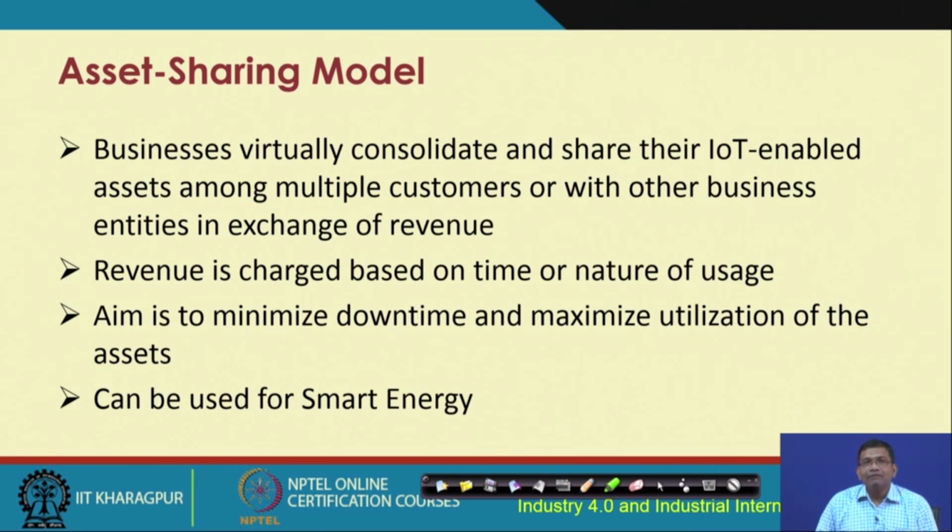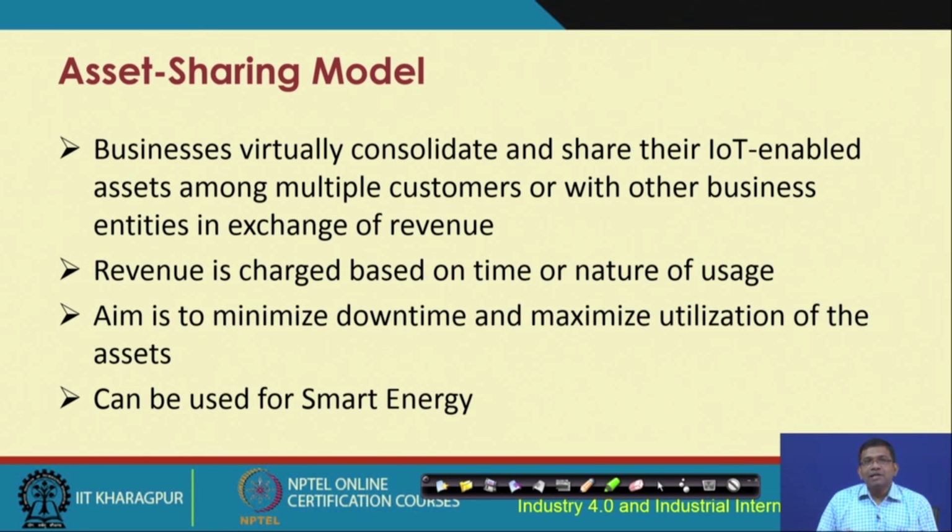This is very advantageous because if a business has a particular machinery and was using it just for their own purpose, it is quite likely that the machine will be used for a certain duration of time and for other durations it will be left unused.